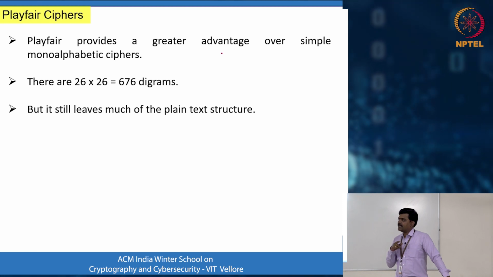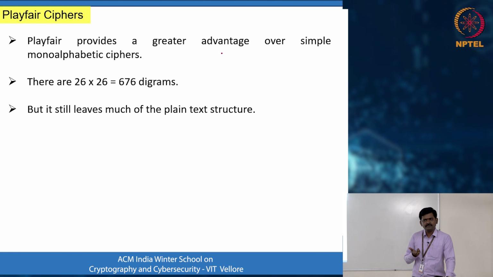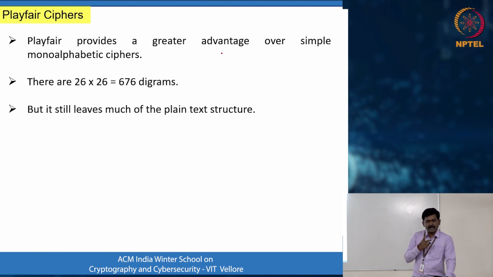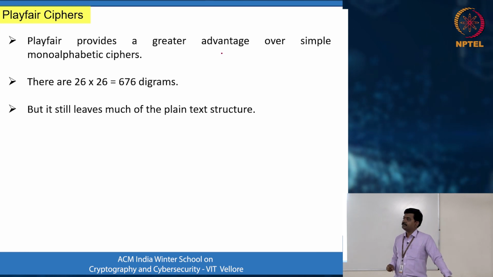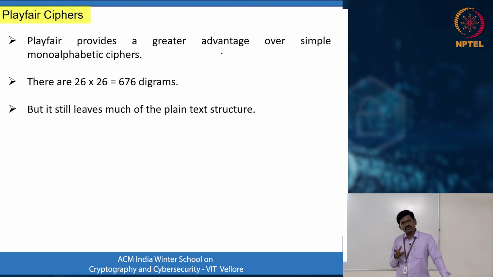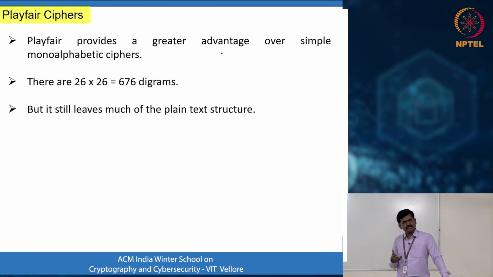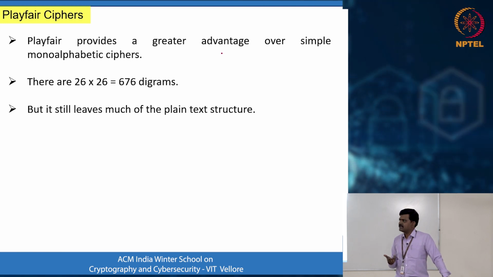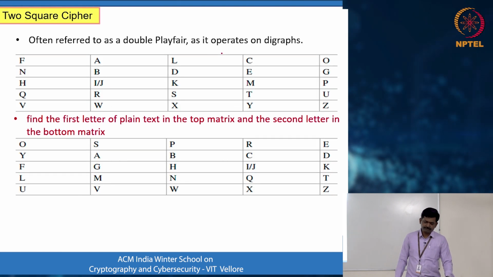The alphabet E is a repeatedly occurring one. The single alphabetic characteristics we can mitigate. But the point is that natural language has digrams. There are two-alphabet strings that come repeatedly, three-alphabet strings that come repeatedly. So these things would make room for plain text structure.